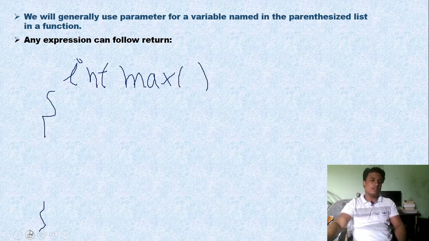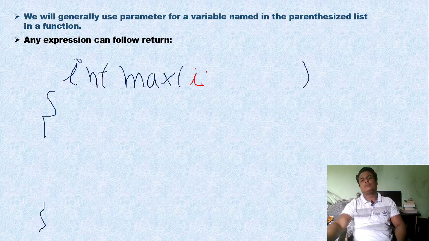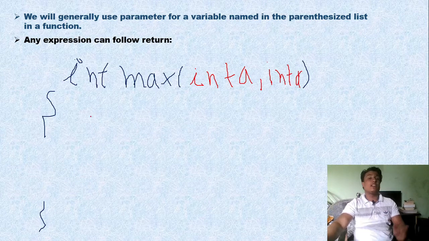Suppose this is our max function of two arguments. Suppose we have to find the maximum of two numbers. I will also show you how to design a function comparing three variables. The logic will be similar, but I will explain it via function, how it works in a function.